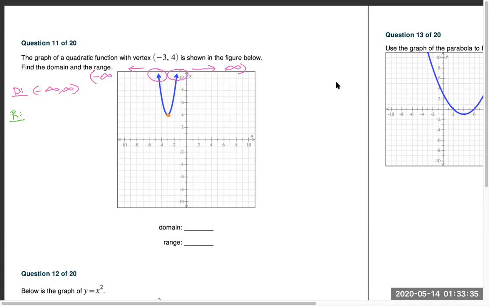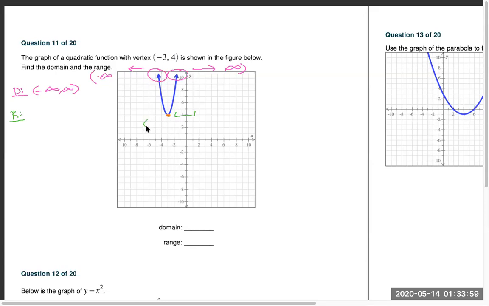Now the range, remember you're looking for your lowest point on the graph and then trying to figure out what the y value there is. So we don't see arrows going downward. We just see this lowest point right here. And there's a point here, so we are going to include whatever y value belongs to this point.